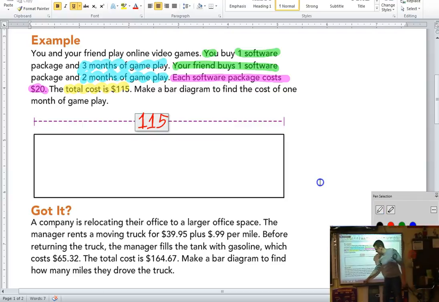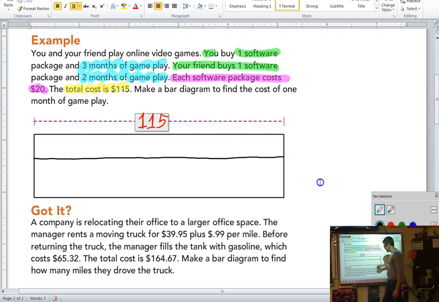Then, if you split your box like I had drawn, because I really don't want to make them that tall, we know that we're buying software and gameplay. So since there's 5 months of gameplay and only 2 software packages, I don't know what the months of gameplay cost.